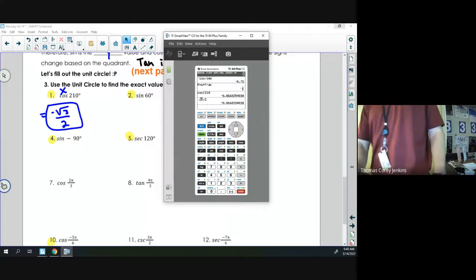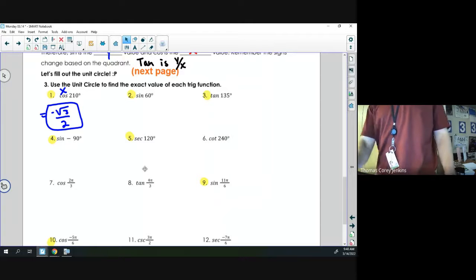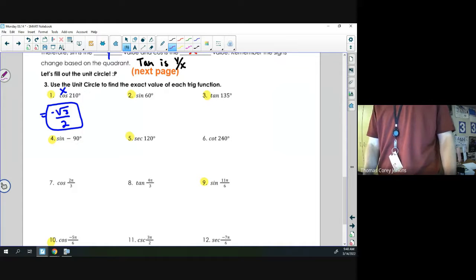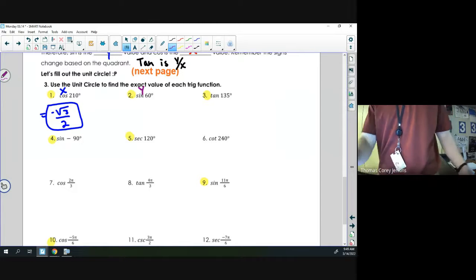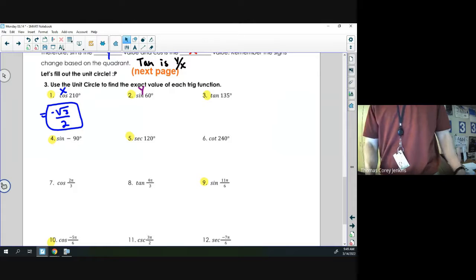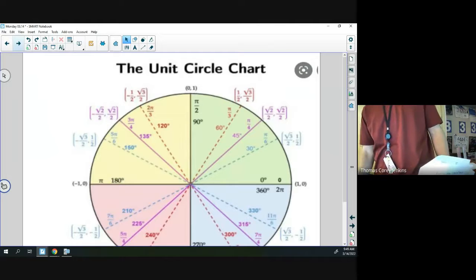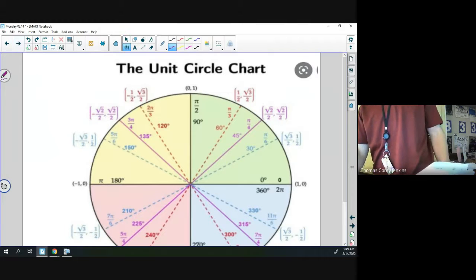All right, now let's go a little bit quicker on these next few, because these are quick problems, just finding stuff on the unit circle. On this example, we're going to find, for 60 degrees, the y value, because we're looking for sine here. The y value of a 60-degree angle. We find 60.